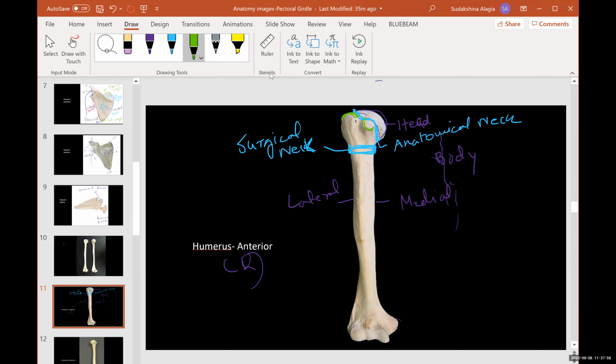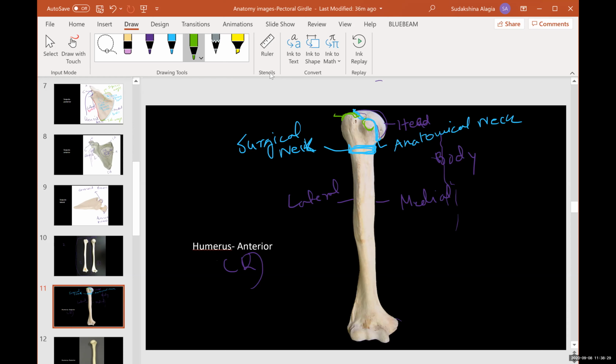Fossa, cavity, condyle, epicondyle, though not so much epicondyle, but condyle, are basically for bone-to-bone interaction. Typically, the ends are for bone-to-bone interaction, right? This is for one bone, the scapula. This is for another bone, the radius and ulna. Just like the occipital condyle, bone-to-bone interaction.